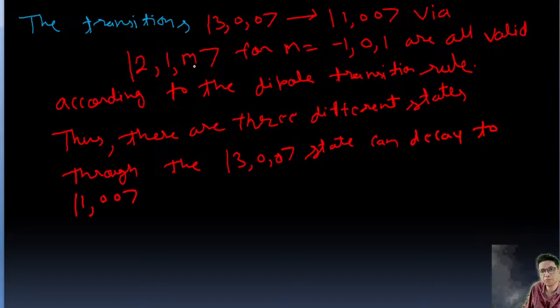Because m has three values, right? So this state decays into this state and then goes to this state, right? So m has three values, meaning this state can decay in three ways, right?